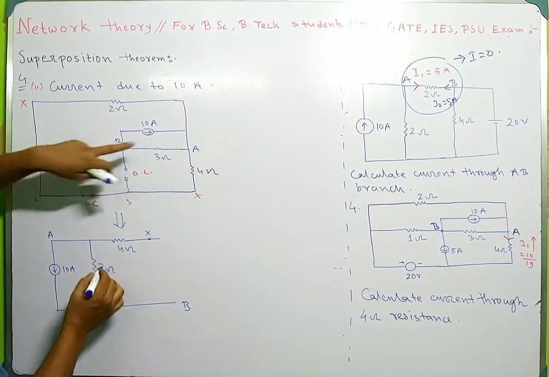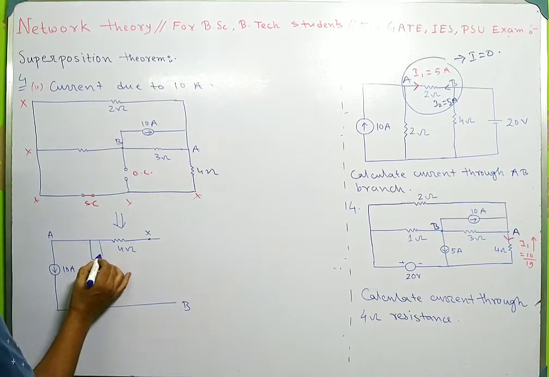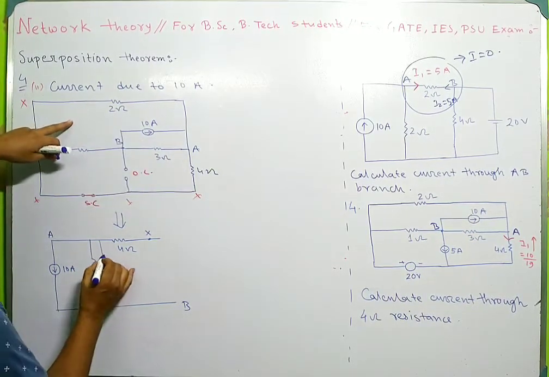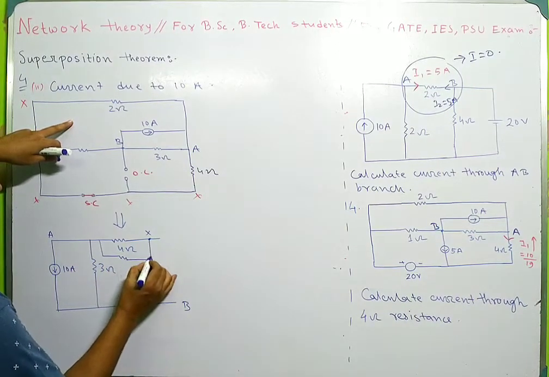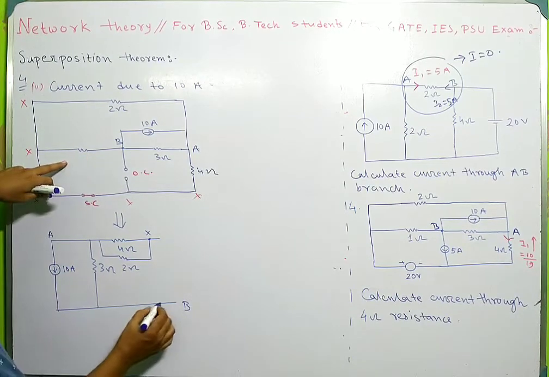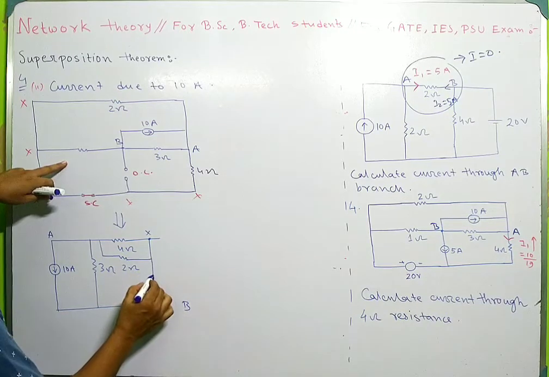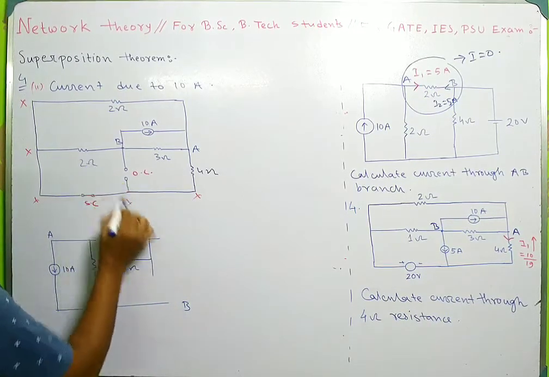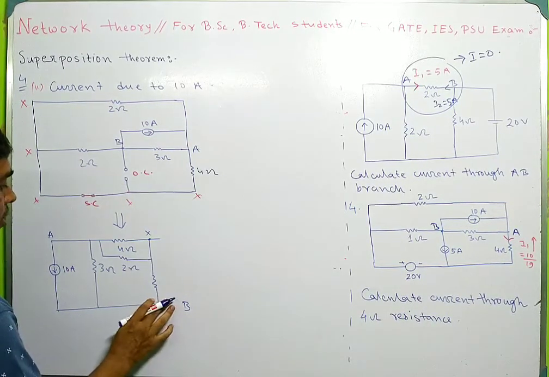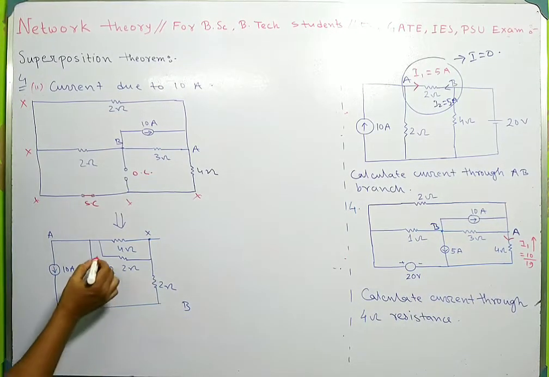From A to X there is a 2 ohm resistance. From B to X, this is a 2 ohm resistance. So here you have to calculate this current.